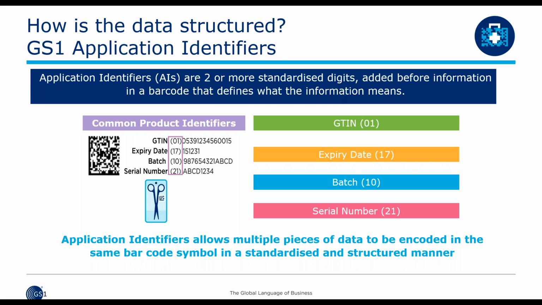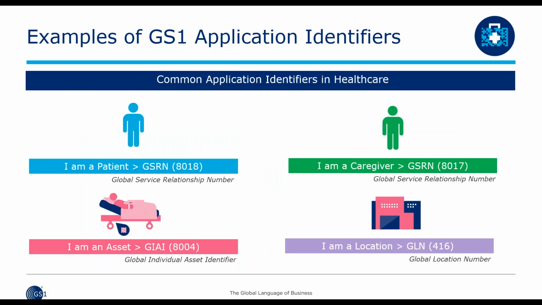Some examples here, which we have seen on earlier slides, include the GTIN, whose application identifier is 01, the expiry date, which is 17, the batch number, which is 10, and the serial number, which is 21. Again, the application identifiers allow multiple pieces of data to be encoded in the same barcode symbol in a standardized and structured manner.